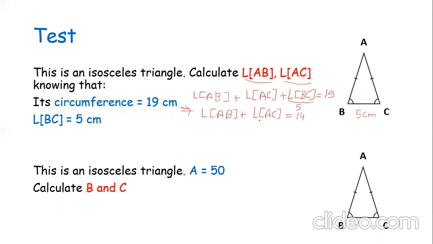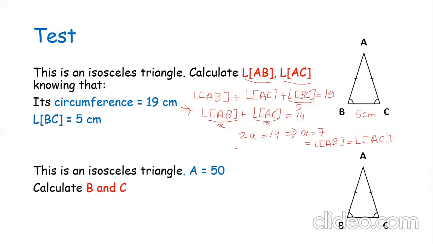Since the length of AB is equal to the length of AC, we can treat them as x, the value which we want to solve this equation for. So we get 2x is equal to 14, and this gives us x is equal to 7, which is the length of AB, and at the same time, it's the length of AC.